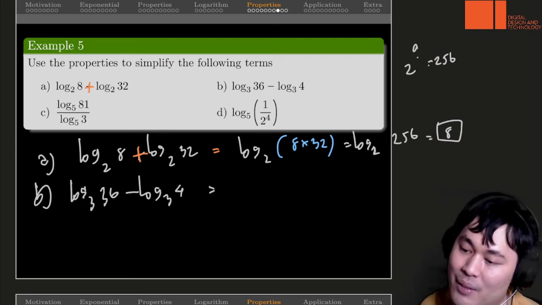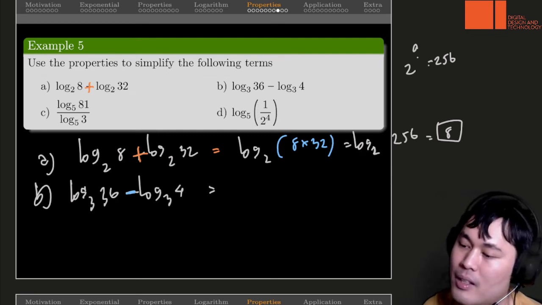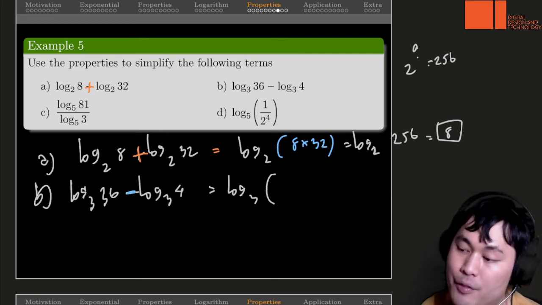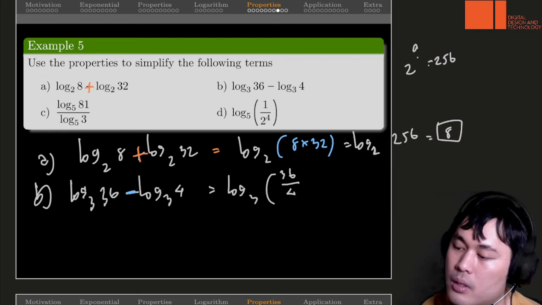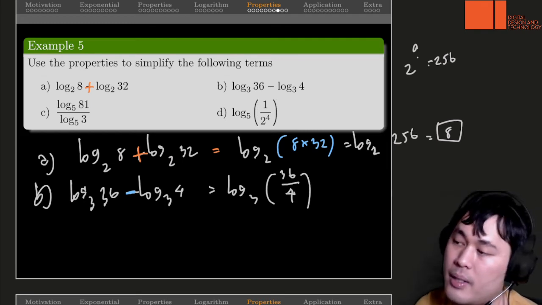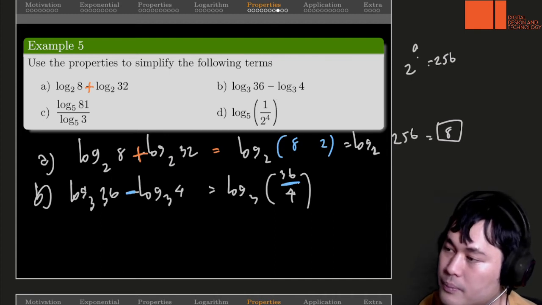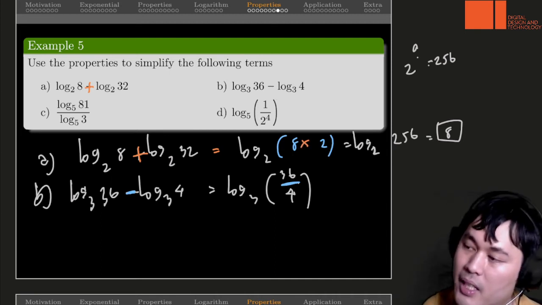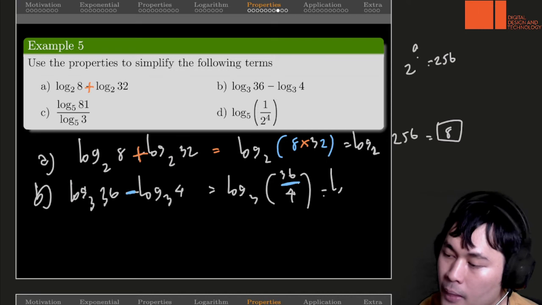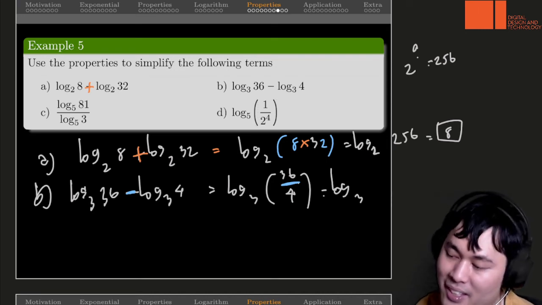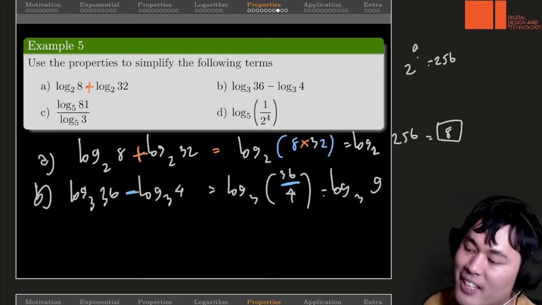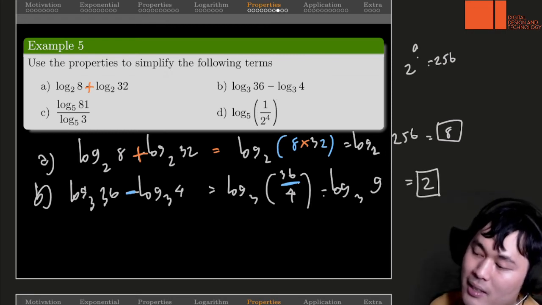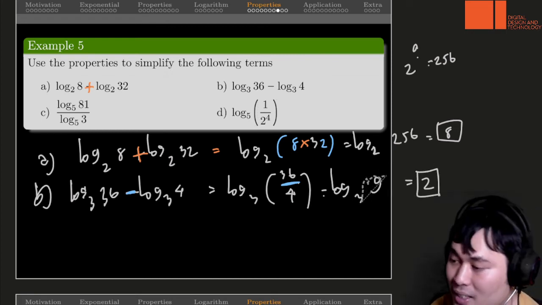But luckily we have this subtraction, which means we can combine them first before we compute. Subtraction provides the division. Coincidentally, 36 over 4 is 9, so we can compute that immediately. 3 to the power of what is 9? The answer is 2.